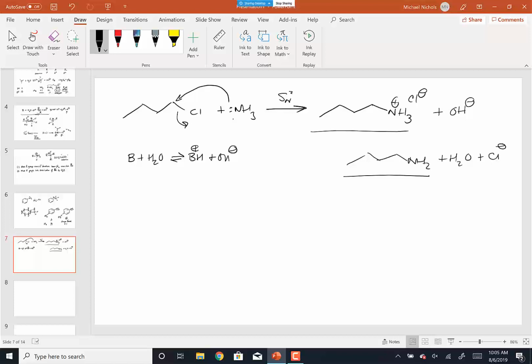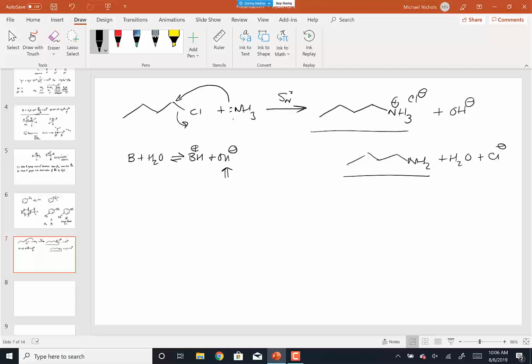Now we can use Le Chatelier. So now I can say, okay, let's add the OH minus, and that's going to push the equilibrium towards B. If I add hydroxide, it's going to push this equilibrium back towards forming the NH2. But it is tough to get amines out of water. And so that's an issue you have to overcome.